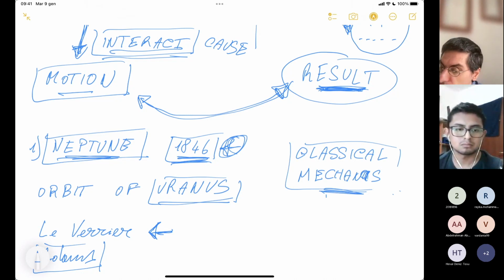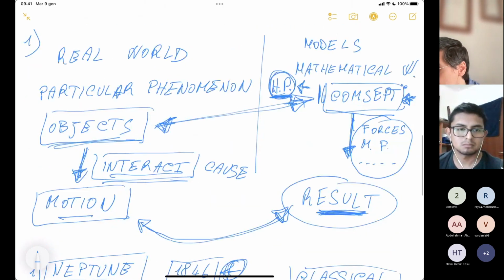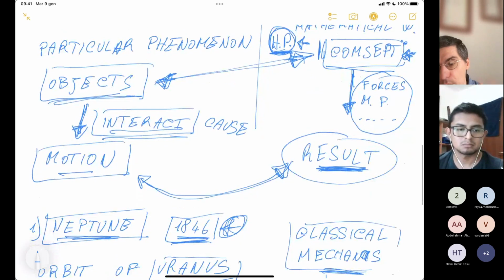So, you see, this is one example. The other example, of course, you understand now, happens when the hypotheses are wrong.